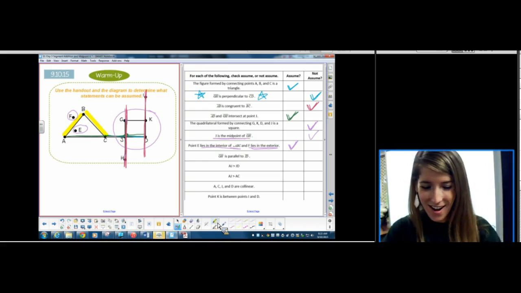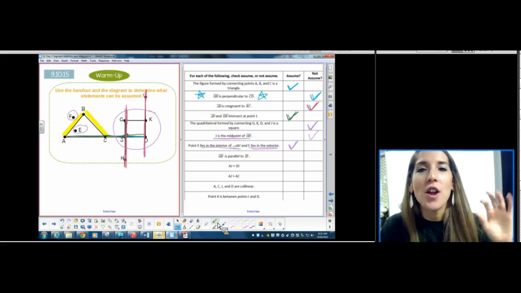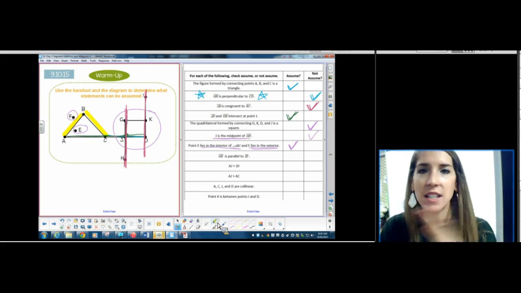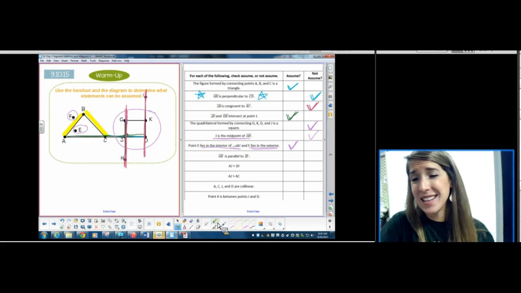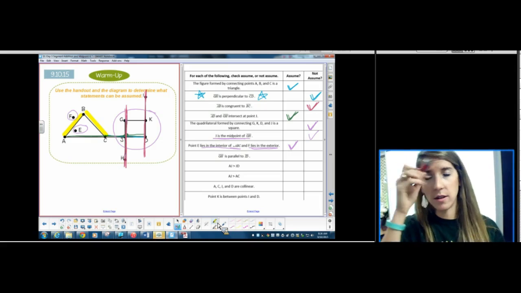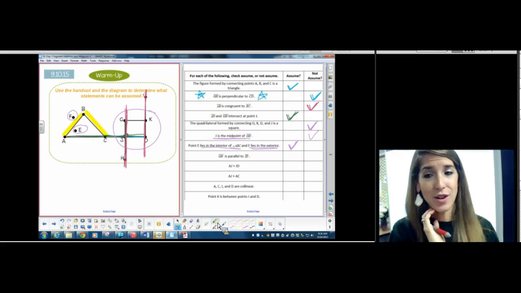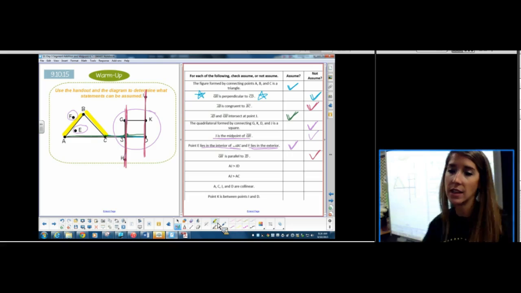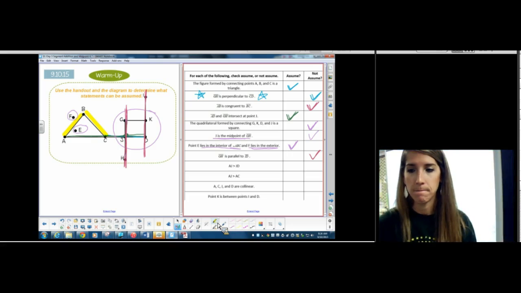Good! Y'all are so smart. You can't assume non-intersecting lines, which is parallel and skew. So even though those pink segments sure do look parallel, there's no arrows in the middle of, or on the line. There's no symbol, and so I'm sorry, but we're not really sure if they're parallel, even though they look parallel.